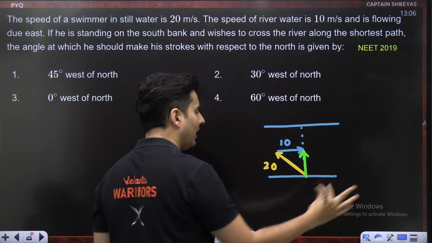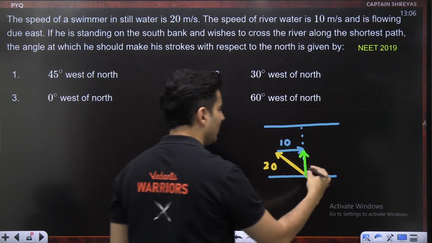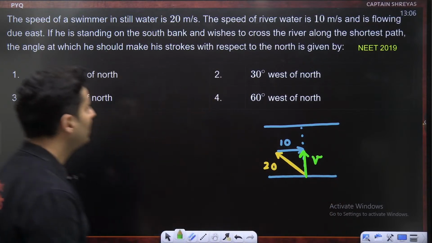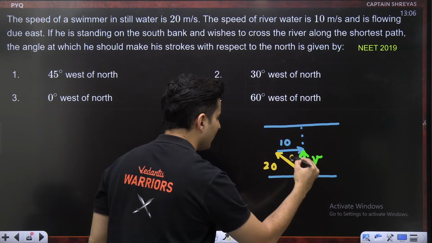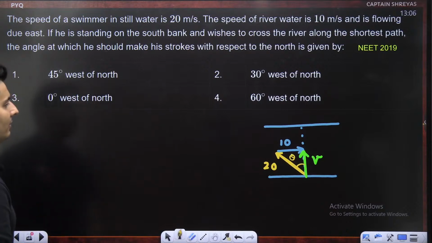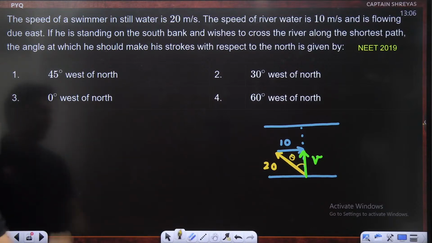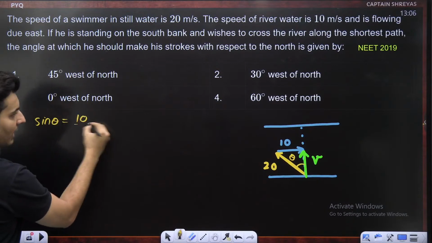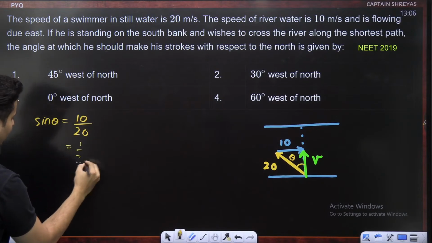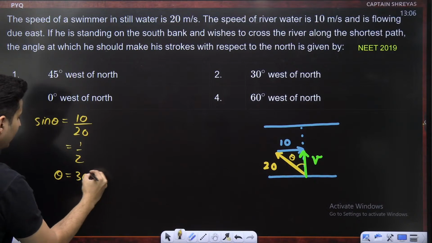What did I tell you? Never byheart anything. Just remember the logic. That is his resultant velocity. So the question is basically, what angle does he make with the river? Okay. Theta. I can use sine theta. Sine theta is opposite by hypotenuse, which means it is half. So theta is basically 30 degrees.